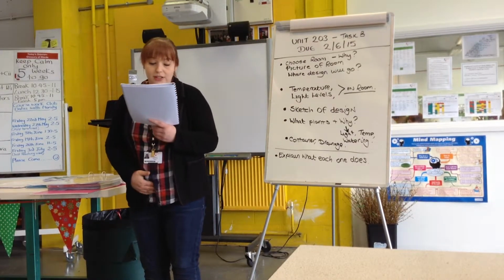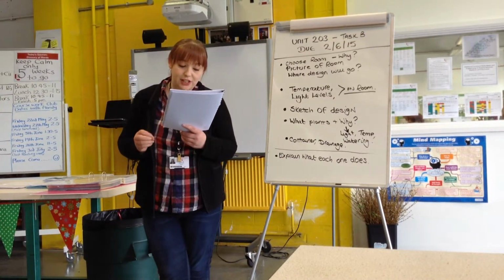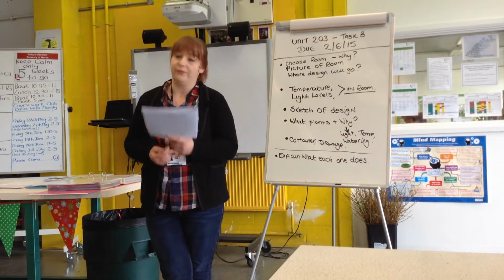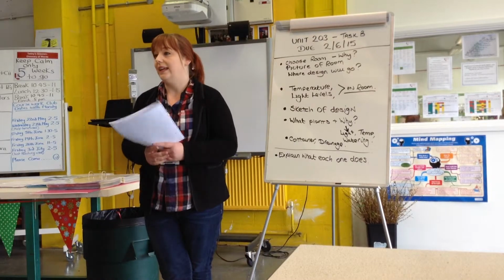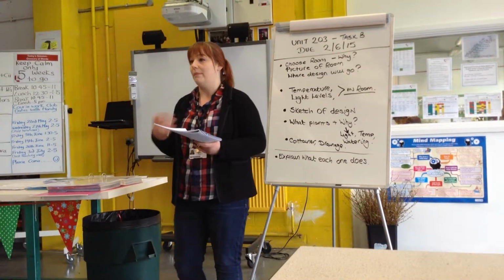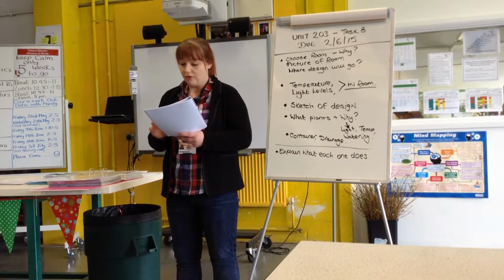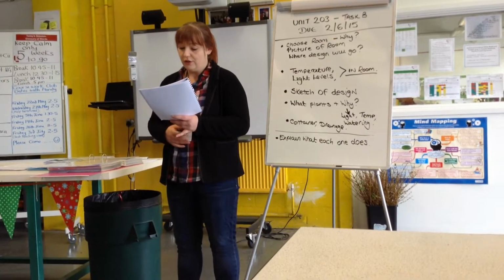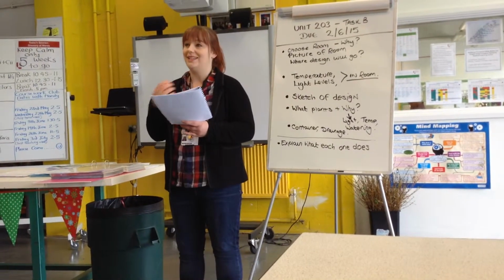To get a pass, it says that information is limited in range and scope, but covers the stated criteria. So that's basically, if you do just standard sentences, you're going to get a pass. But I really want everyone to be looking more at the merit and the distinctions. Look at going a little bit more detailed with it.